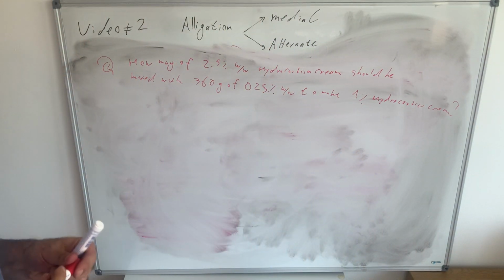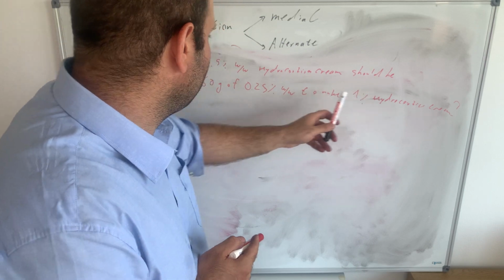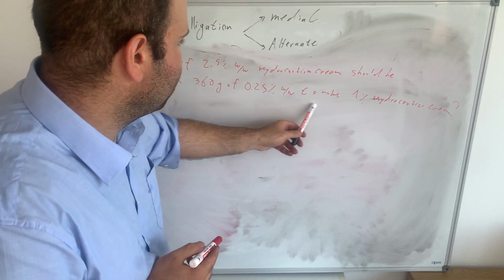So how many grams of 2.5% hydrocortisone cream should be mixed with 360 grams of 0.25% to make the 1%?